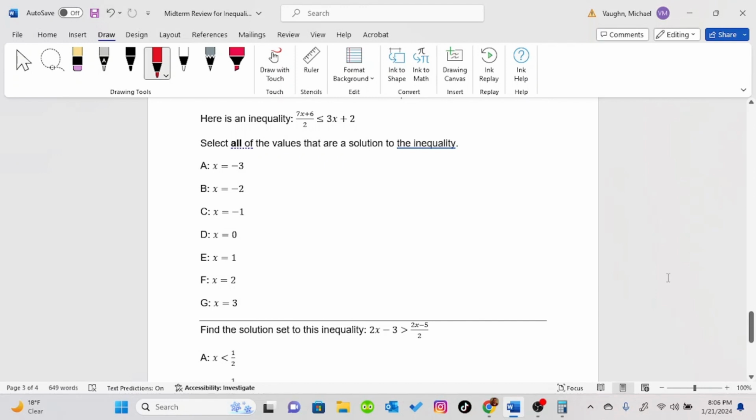Here is an inequality. (7x plus 6) divided by 2 is less than or equal to 3x plus 2. Select all of the values that are a solution to the inequality.